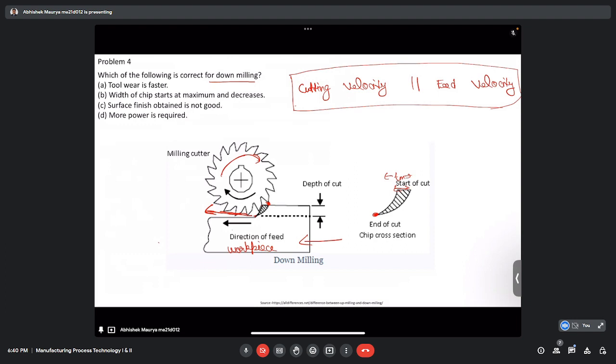So there will be less relative velocity between the workpiece and the tool, because of which less friction will occur, and the cutting power requirement will also be less. If cutting forces are low, then cutting power will also be low, and at the same time our tool will get damaged less. If the tool is damaged less, that means tool wear is slower, not faster. So the first one is wrong.